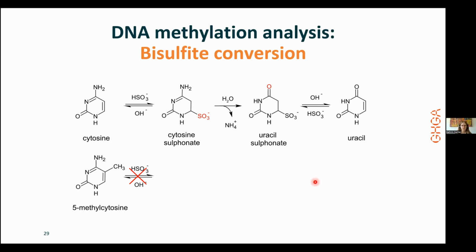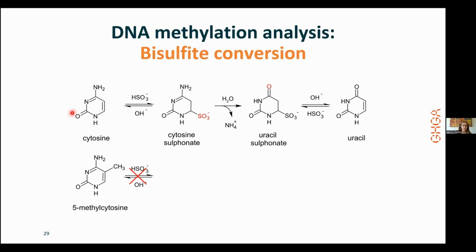The gold standard, and also the essential part of, I would say, all of the modern DNA methylation analysis for genome-wide profiling of DNA methylation, is bisulfite conversion. To understand what that is, we need to have a look at some chemical structures.